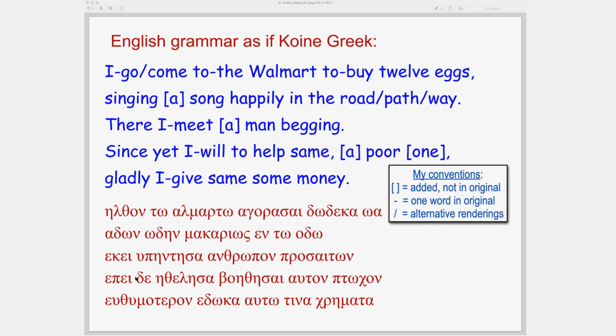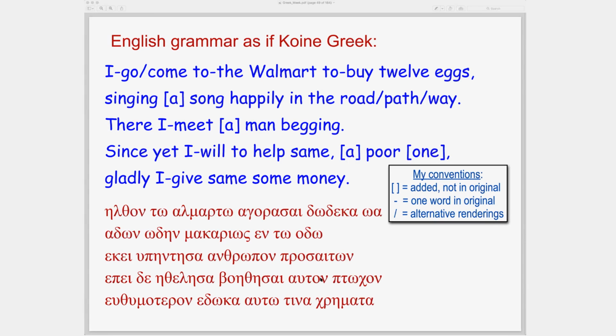Since yet, they tend to put the conjunction, let me circle that, as a second word. It's just a style of speaking. Since yet. Since yet, I will, to help, same.